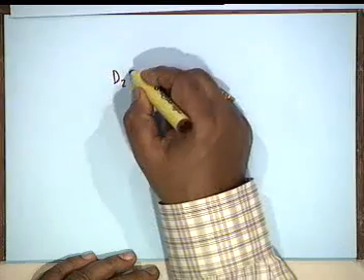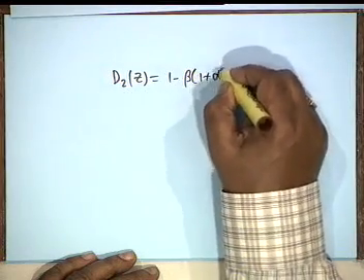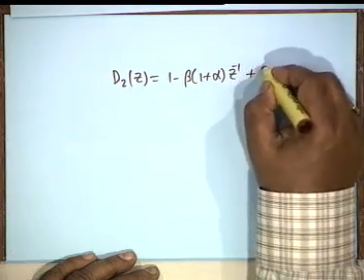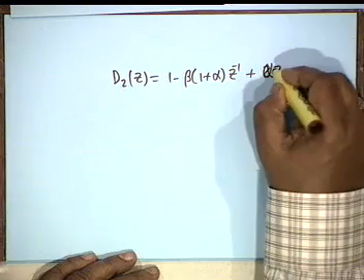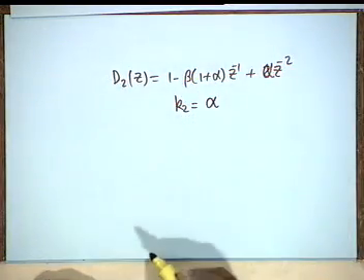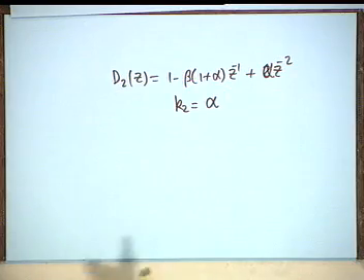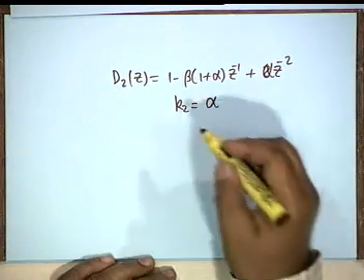Okay, the lattice parameters. Now, for the lattice parameters we require only the denominator, the numerator is known. So, D2(z) is equal to 1 minus beta (1 plus alpha) z inverse plus alpha z to the minus 2. So, K2 is equal to alpha.